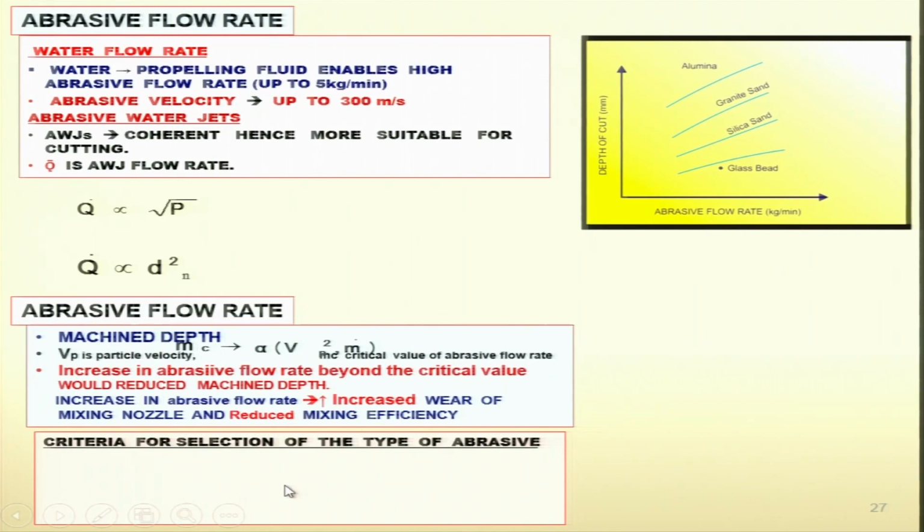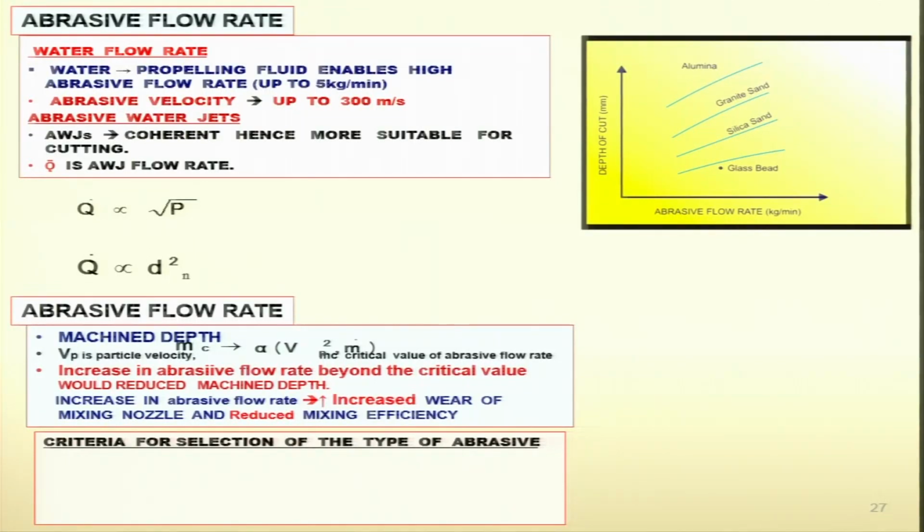Criteria for selection of the type of the abrasive, because as I mentioned earlier also, there are different types of abrasives available in the market. So what are the criteria for selecting a particular type of abrasive particles? You must look into the cost of the abrasive particles, nozzle wear rate due to the abrasive particles, environment considerations, because when we say nozzle wear rate, you have to consider the material of the nozzle as well as material of the abrasive, which will decide which is going to be economic.